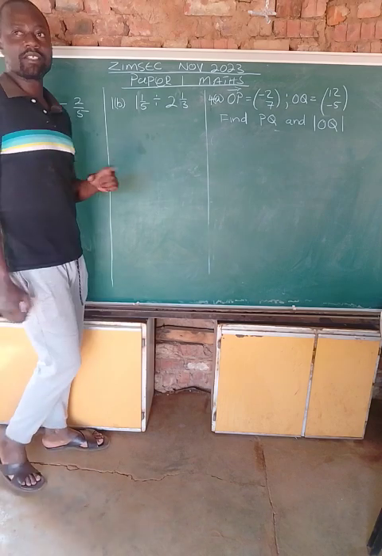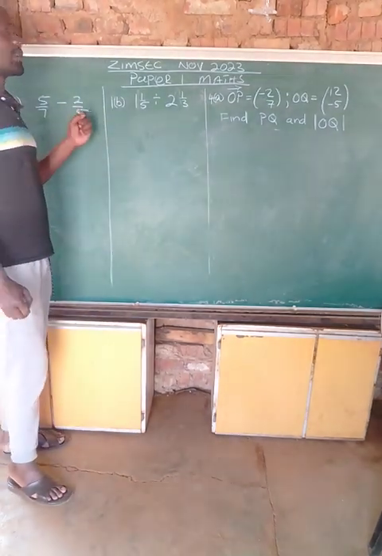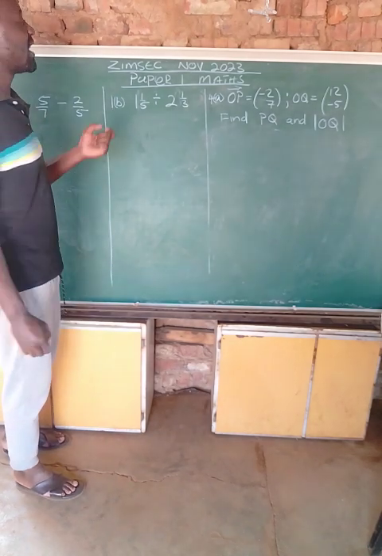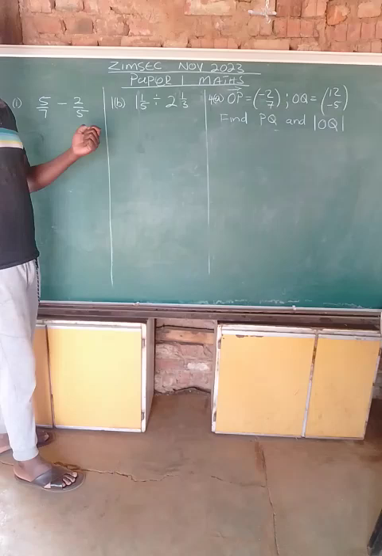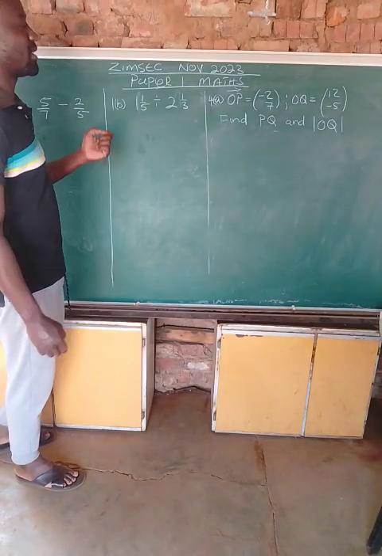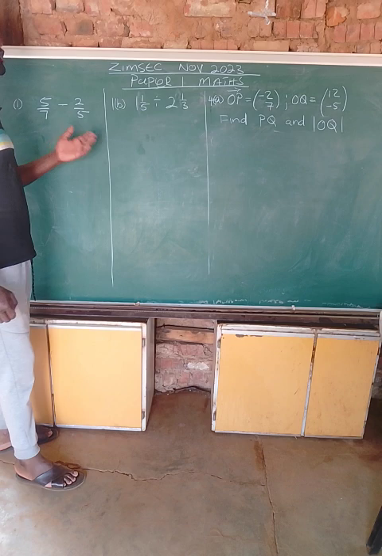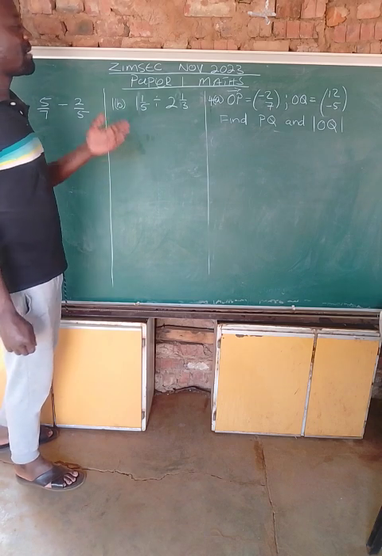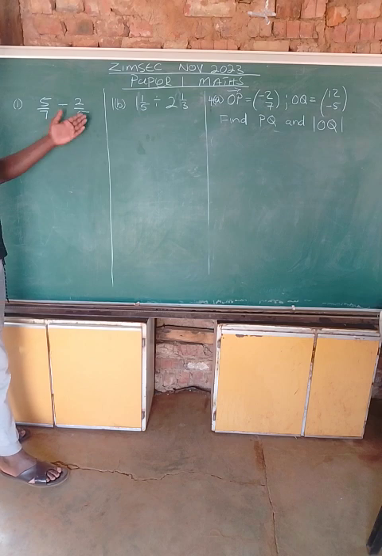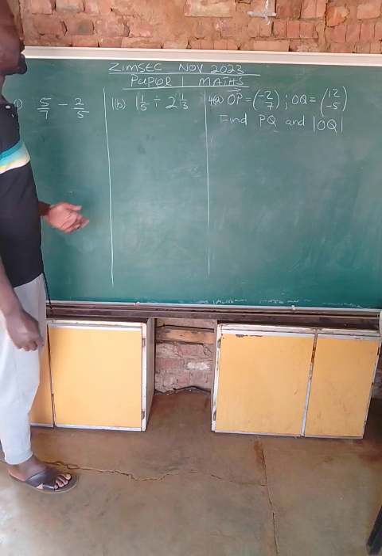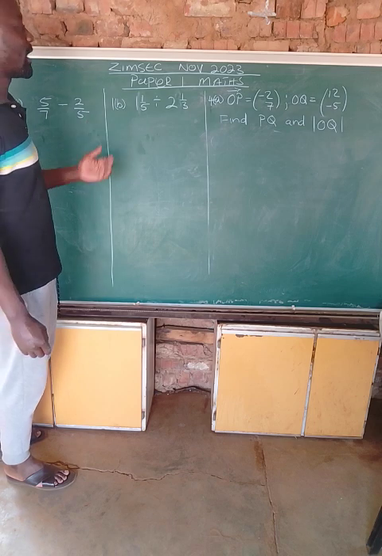Remember, paper 1 has got a lot of questions, but each question only carries a few marks. Most probably, the highest mark per question you can get might be 3 marks. But usually, you get 1 mark per question. So, like now, I have 3 or 4 questions here, which are carrying 1 mark each.